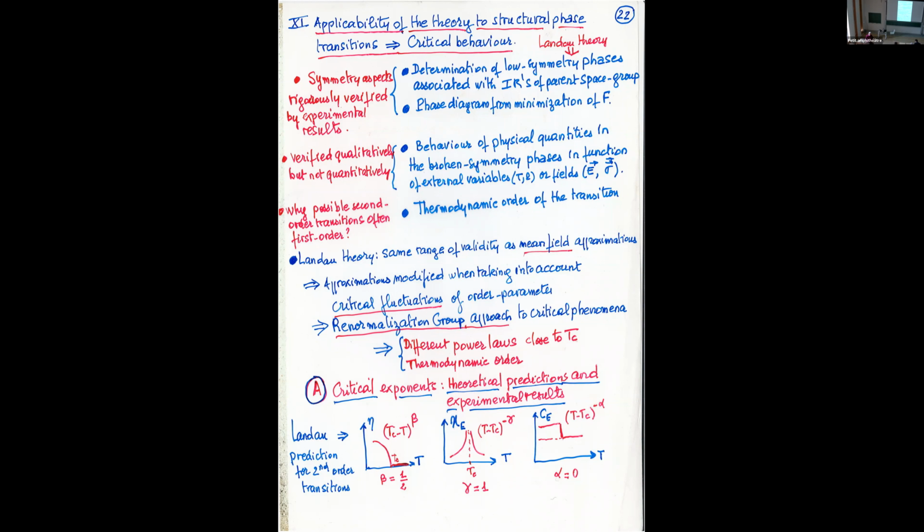For example, I know that Professor Aharoni will speak about strontium titanate. Strontium titanate has a three-dimensional irreducible representation, but the other one gives only a sequence of ferroelastic phases.